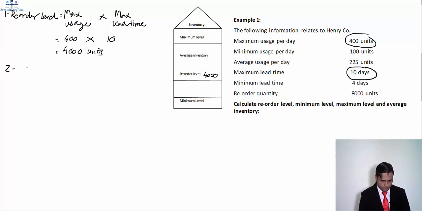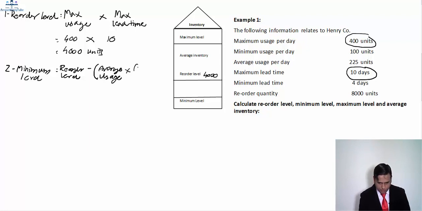Then we have got minimum level. Now minimum level is reorder level less average usage multiplied by average lead time.